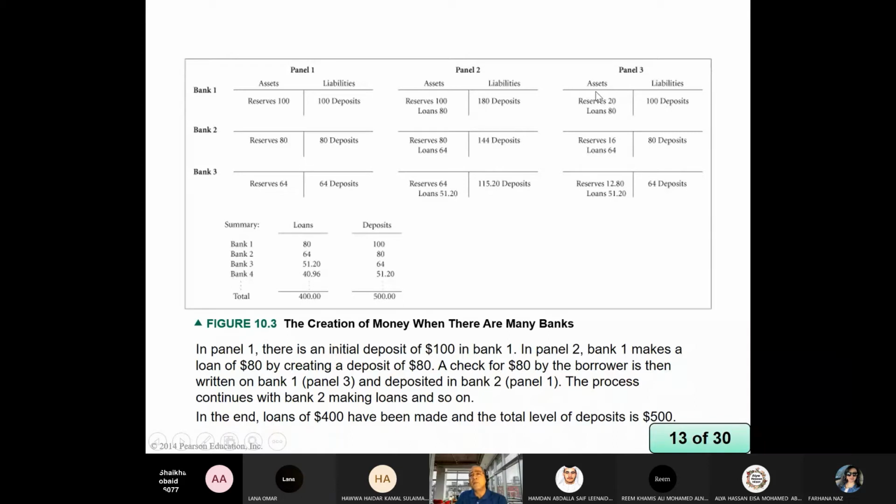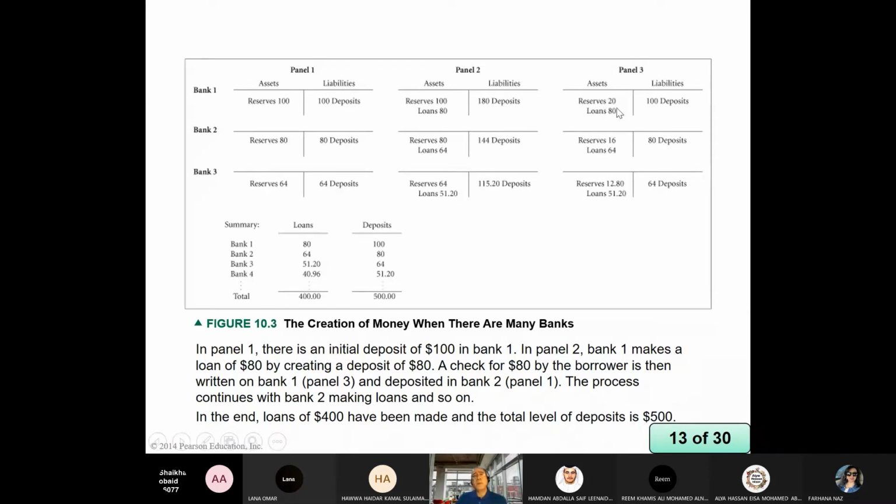Why? Let me summarize panel 3 with bank 1. Salim deposits 100 dirham. The bank kept 20 dirhams as reserve, and the bank gave a loan to Lana of 80 dirhams.